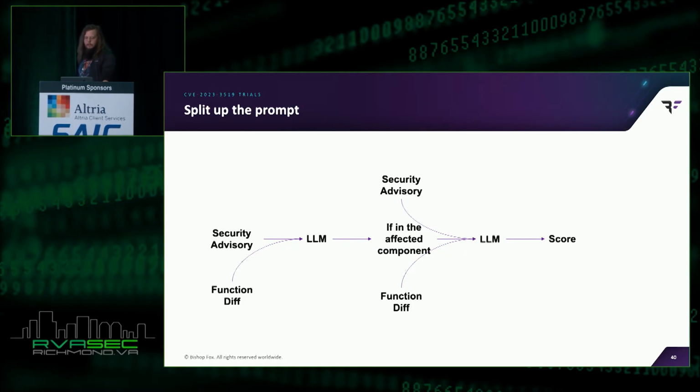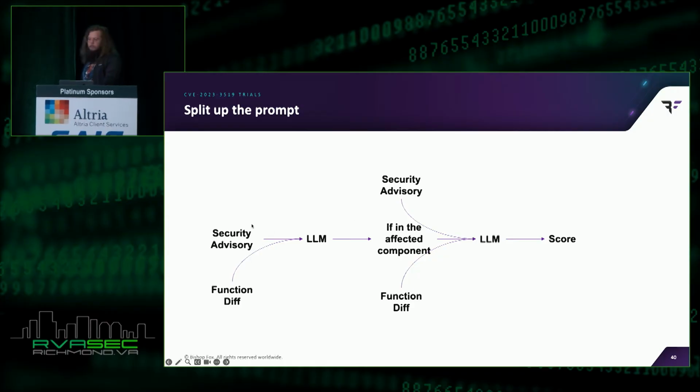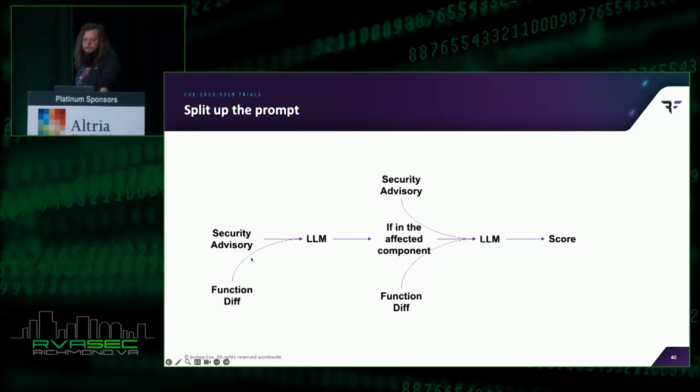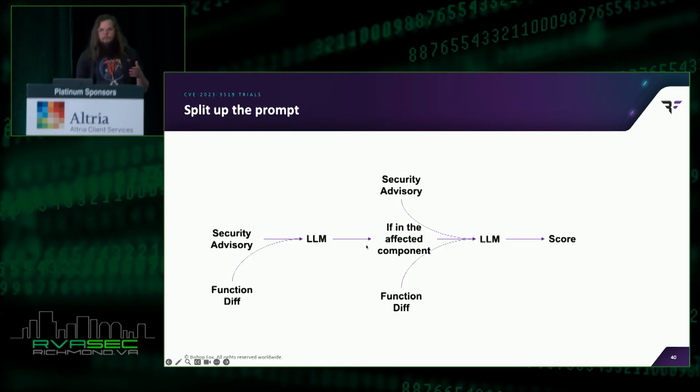So the first thing, to read this, oh sweet, you can see the mouse. To read this, it is the security advisory and the function diff. We look to see if it's in the affected component, and we weed it out if it's not in the affected component at all. Since we knew that this was a function related to unauthenticated requests, I was trying to get it to take anything that's definitely an admin prompt or an administrative side of the diff and take it out.